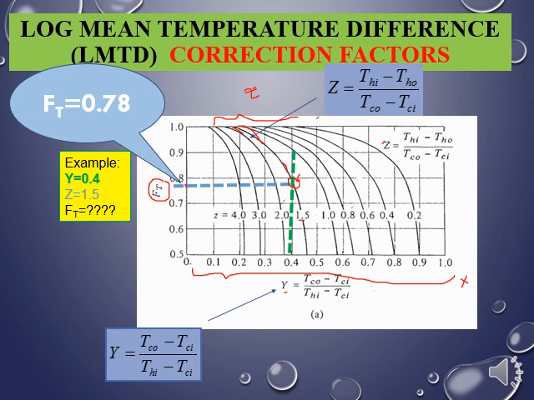The intersect between the Z line and the Y line, you take that intersect point and extend it along to the y-axis, where the value on the y-axis is your Ft.